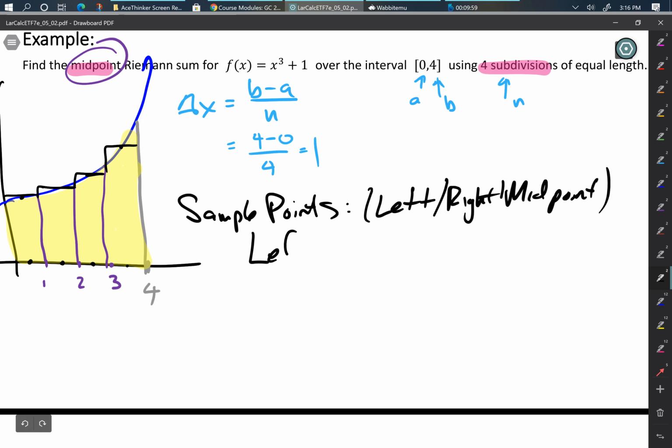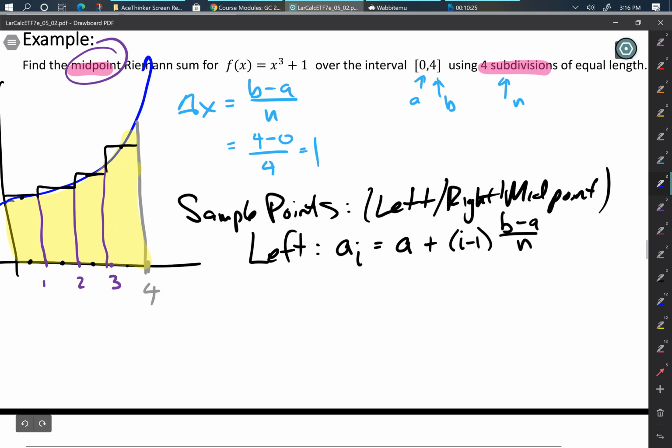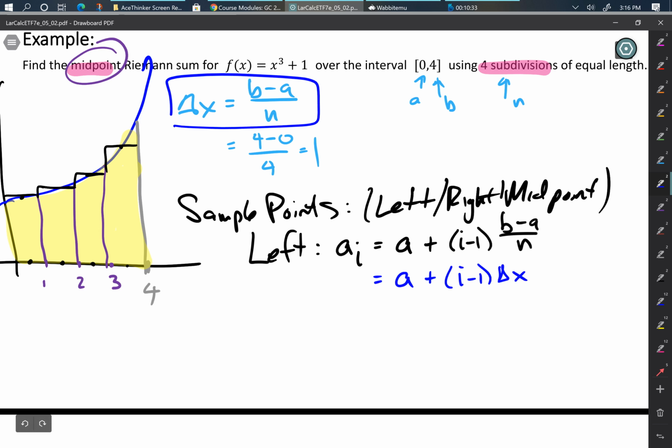Lefts, the sequence formula for these, and I hope you heard that word because that's where it's going to tie back into summations, is that a sub i is always equal to a plus i minus 1 times b minus a divided by n. Or you will sometimes see it written like this: a plus i minus 1 times delta x, because we define delta x to be b minus a over n.